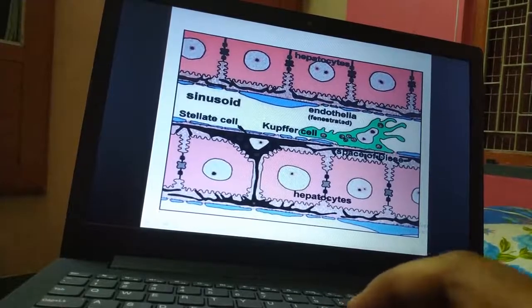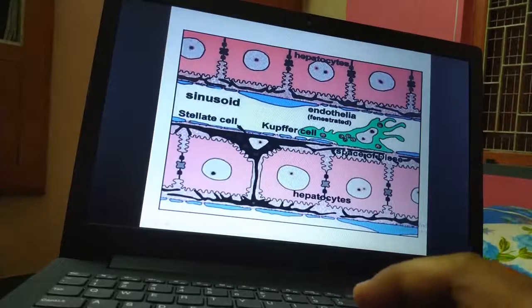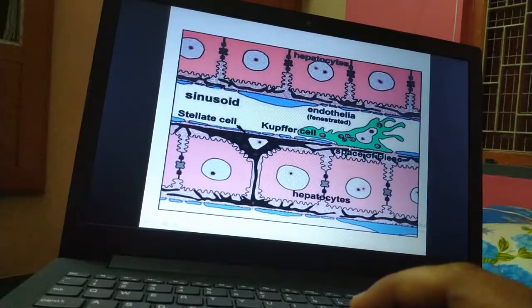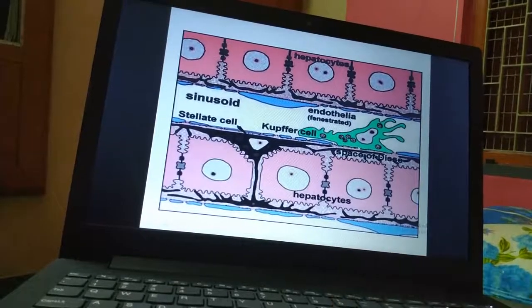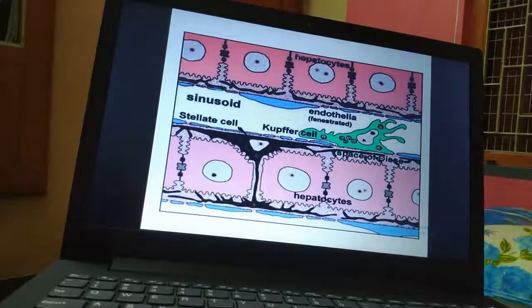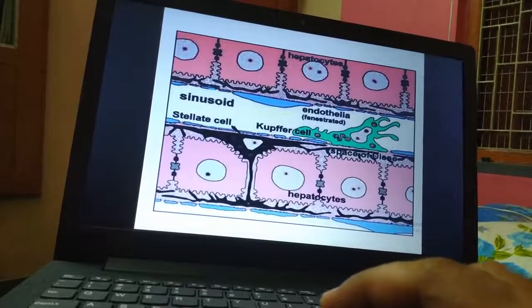Here this is the endothelial cell and this is the hepatocyte. In this potential space there is no basement membrane, and here the Kupffer cells are present. Kupffer cells are the hepatic macrophages. So that is the sinusoidal surface.